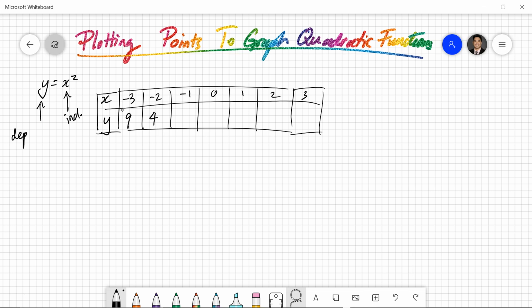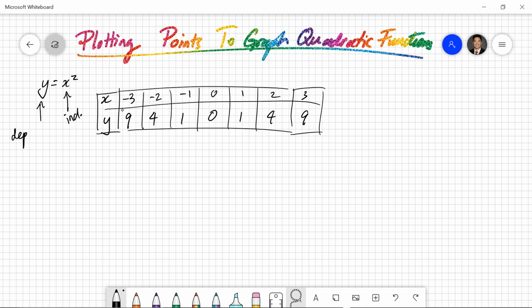And then -1 squared is 1, 0 squared is 0, and then we've got 1, 4, and 9. So you could see that it starts up high, and then it's decreasing, hits rock bottom before it turns around and goes the other way. And you could see the symmetry involved in this pattern.